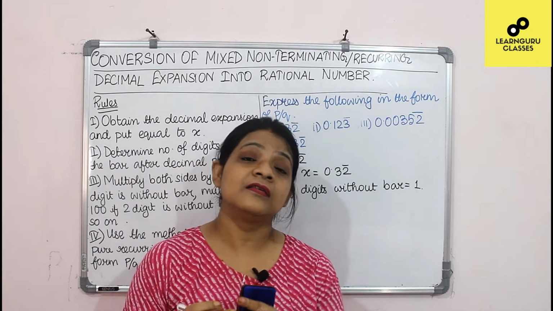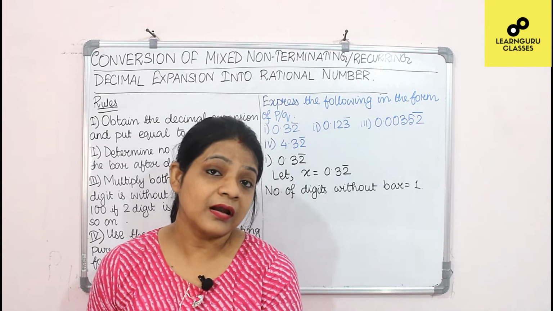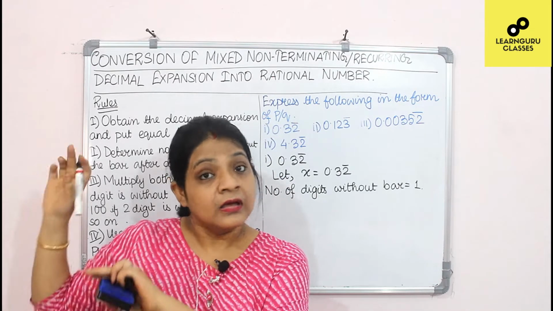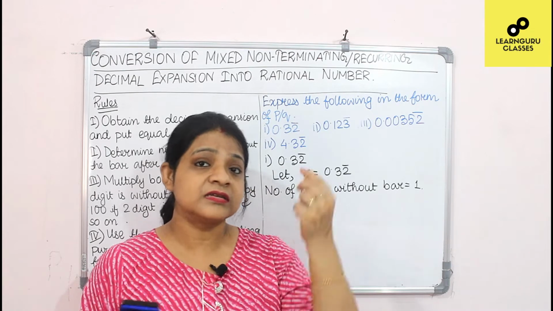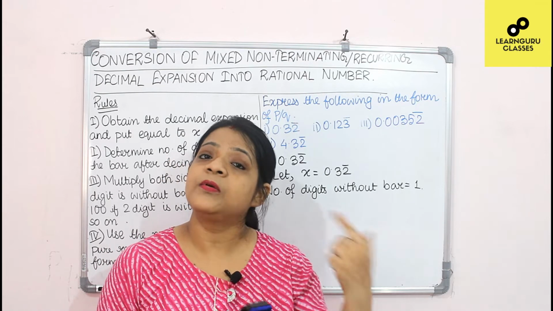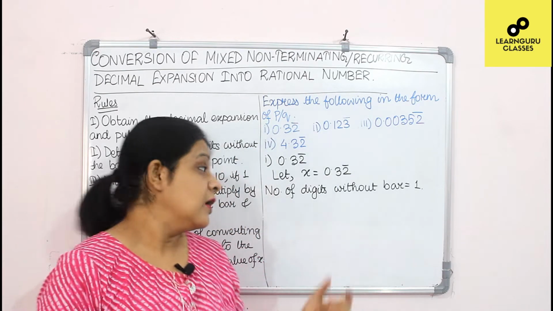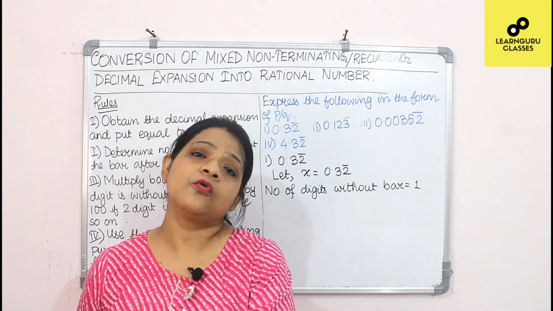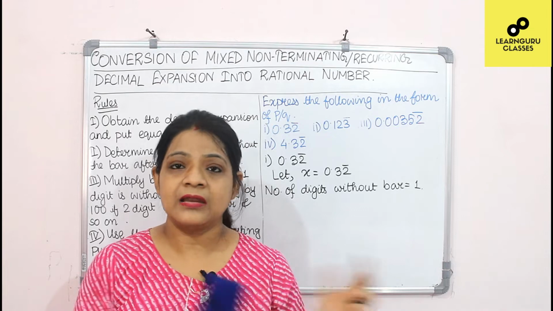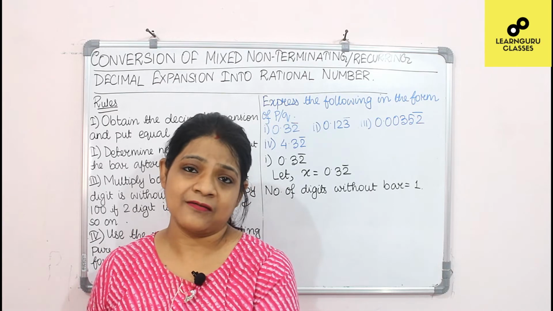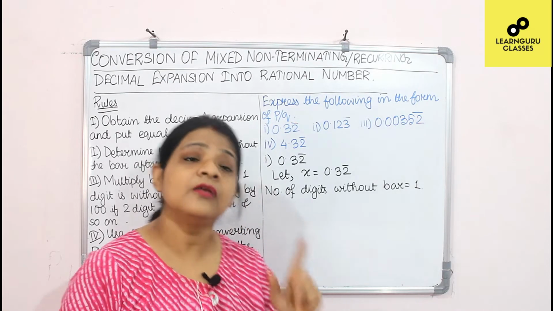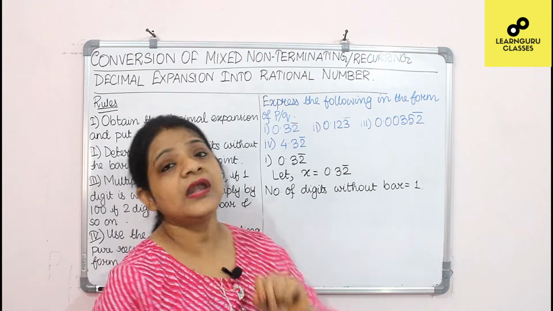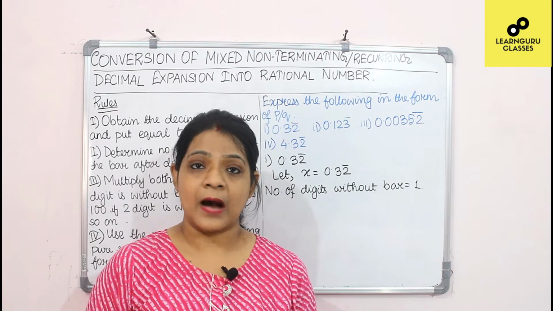So here is the difference between pure recurring and mixed recurring, meaning the difference in the steps. In pure recurring, you saw how many digits are under the bar, and accordingly multiplied by a multiple of 10, either 10, 100, like this. But here you have to check how many digits are without the bar.